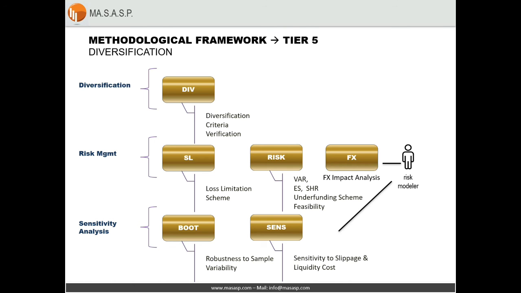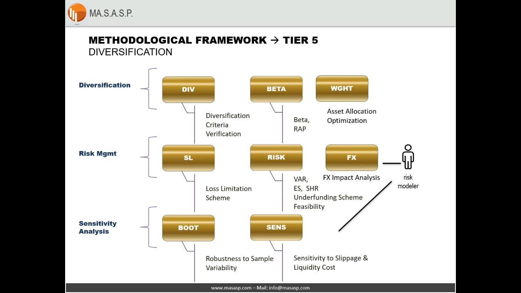The beta component checks whether a correlation exists, assuming the above said ETF as a benchmark, and the WGHT component, which stands for weight, reckons up the optimal asset allocation, taking account of both systems and considering possible underfunding schemes for the absolute return system.